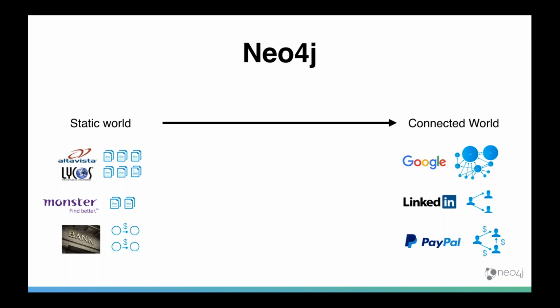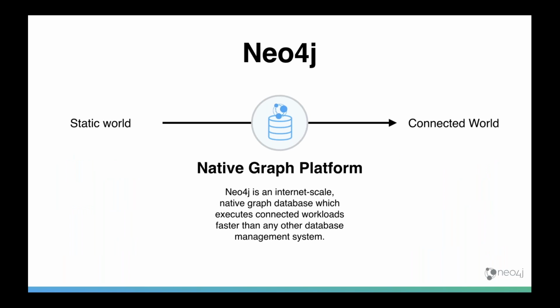The fine companies on the right-hand side have developed their own proprietary database, but those solutions have not been commonly available. So Neo4j is a platform that makes that graph technology generally available. Neo4j is a native, internet-scale database which executes connected workloads faster than any other database management system.